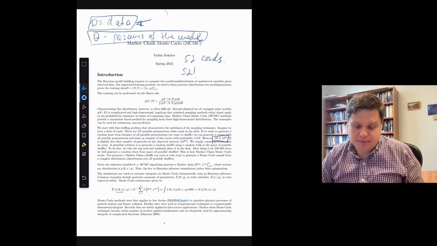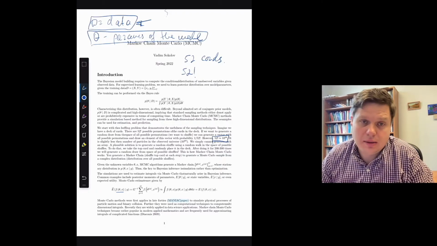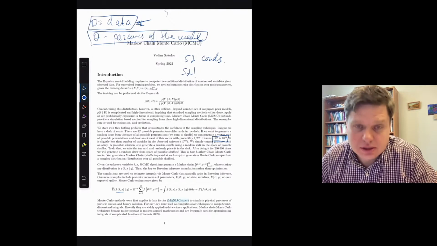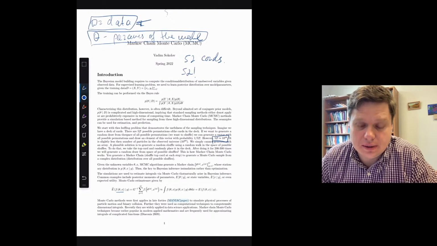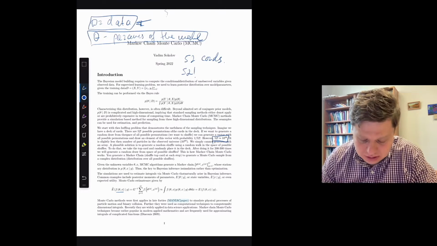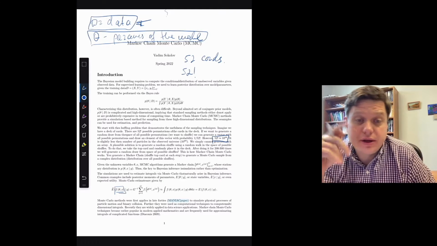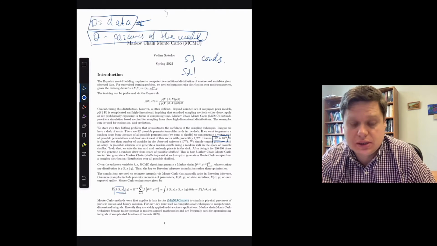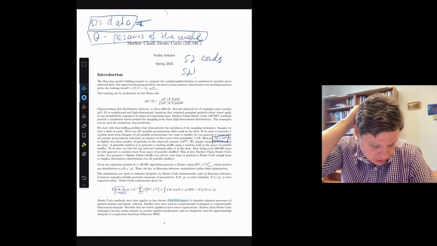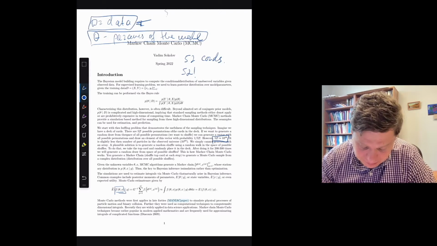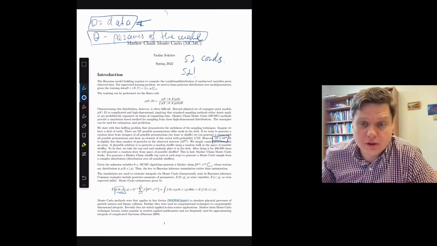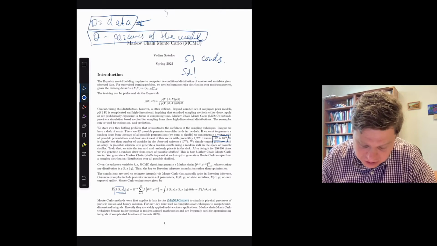Another example of using Markov chain simulations is to calculate approximations of expectations, something you probably have seen before. We have some function of theta and x, and it can be a neural network, theta the parameters of the neural network, and x is the input. And you want to calculate an expectation over the output of this function.